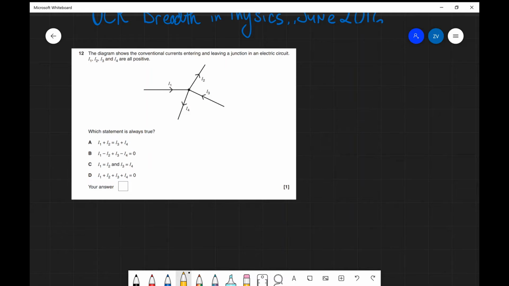Question number 12. The diagram shows conventional currents entering and leaving a junction in an electric circuit. Which statement is always true? Well, this question is a statement of Kirchhoff's first law. Kirchhoff's first law says that the sum of the currents going in is equal to the sum of the currents going out of a junction.